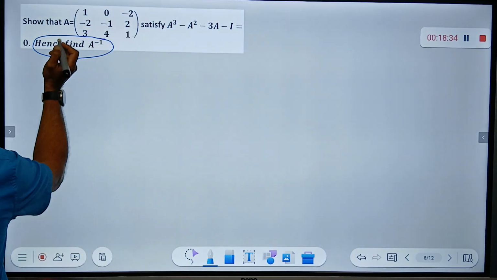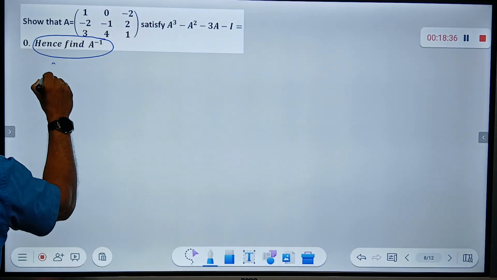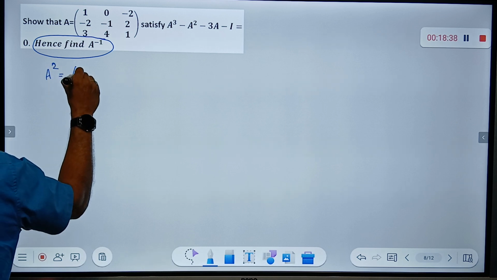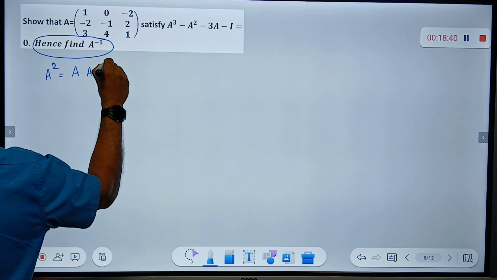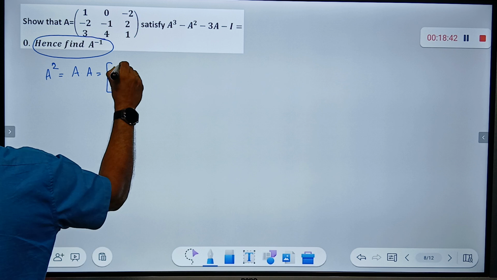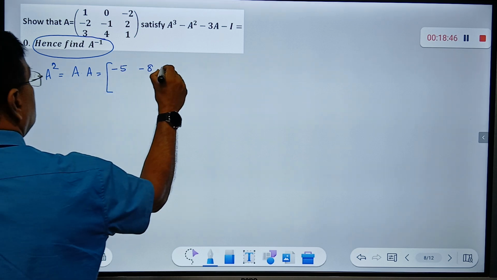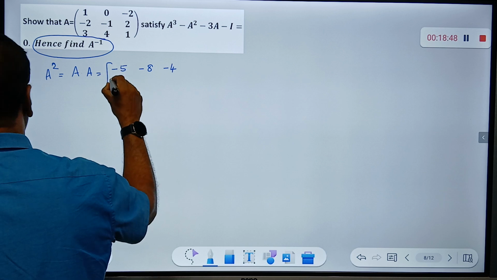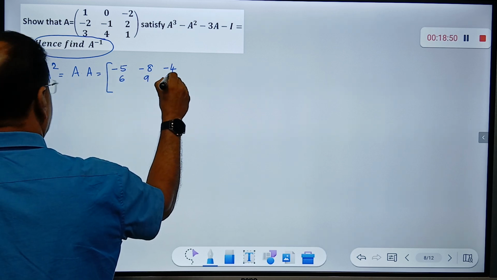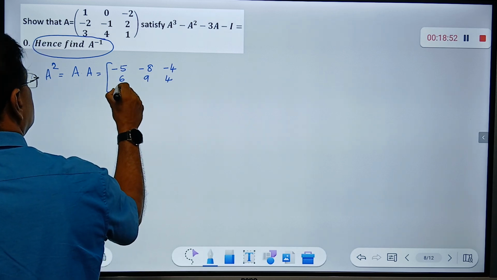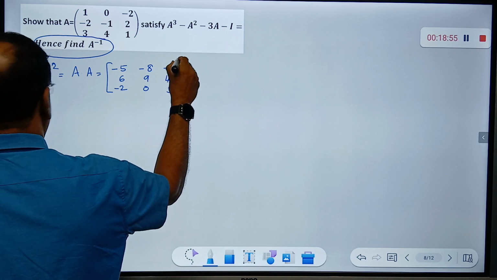A square is A into A. If you multiply, you will get minus 5, minus 8, minus 4, 6, 9, 4, minus 2, 0, 3. I think this is what I'm getting.